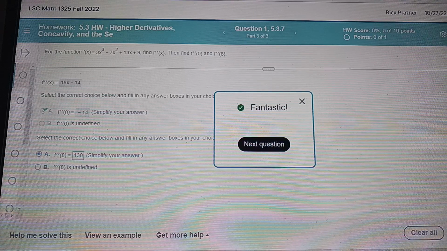Later in this section, we're going to worry about what's similar to what we do with first derivatives. In first derivatives, we locate when is the first derivative 0 or undefined. Those are called critical numbers. And then we check values on each side of a critical number to see is the derivative positive one side and negative on the other, or vice versa. That tells us the function is increasing at first and then decreasing second, or vice versa.